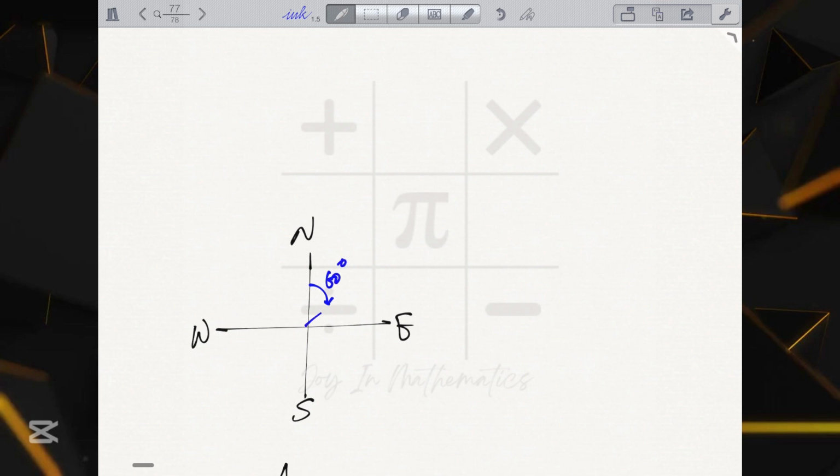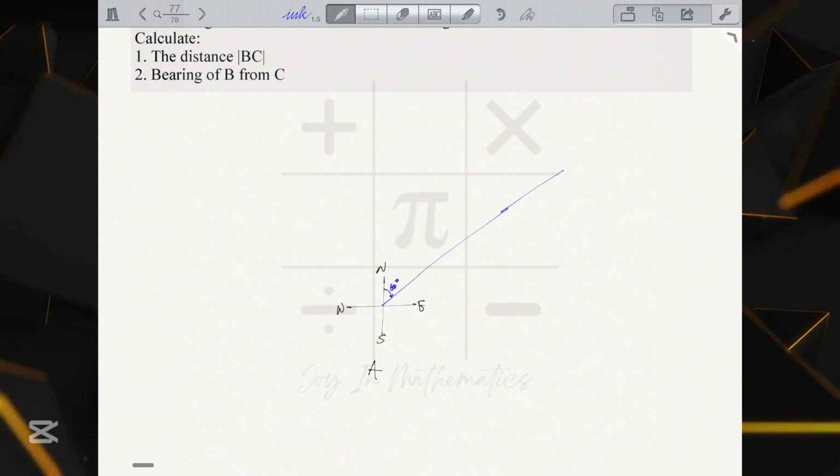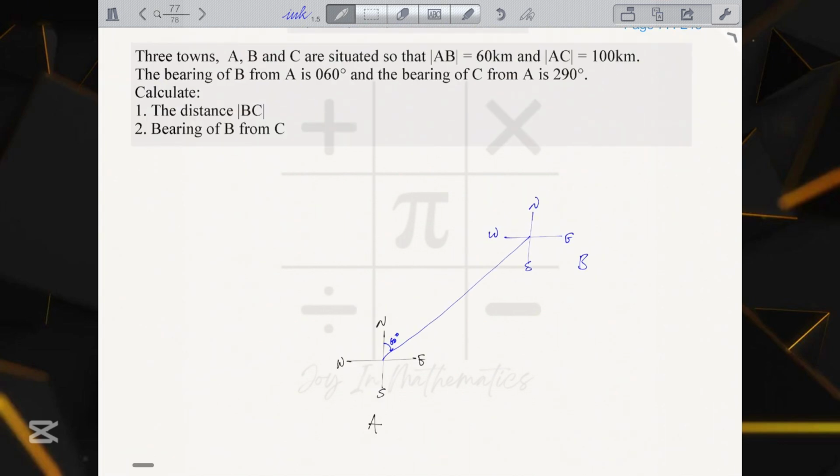This is the bearing of C from A. And this is for 60 kilometers. So when we get here, we draw another cardinal point of north, south, east, and west. So this is point B, and the distance of AB is 60 kilometers.